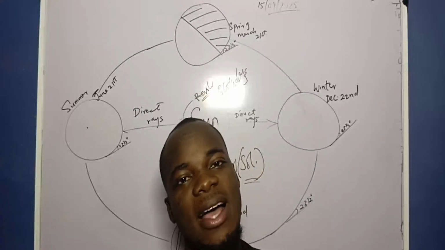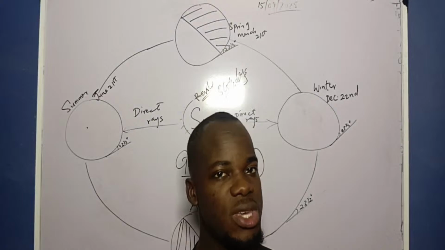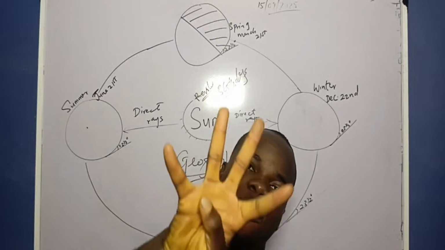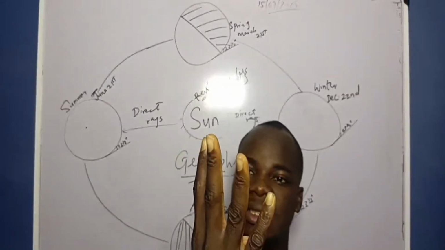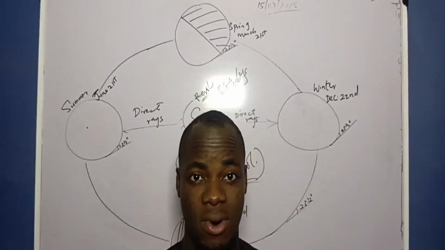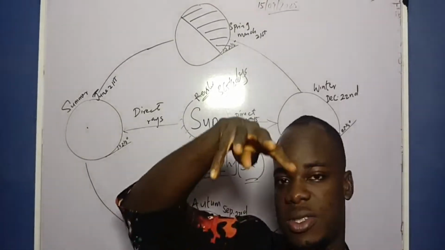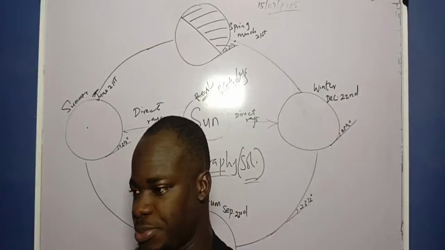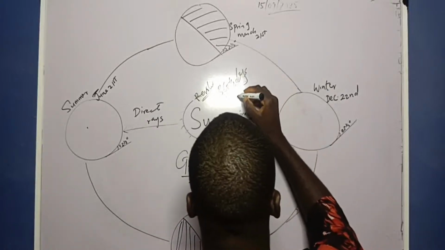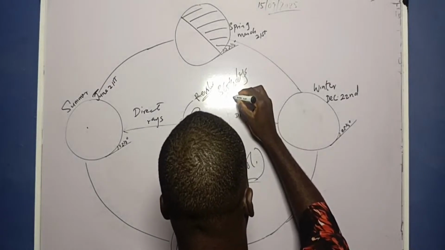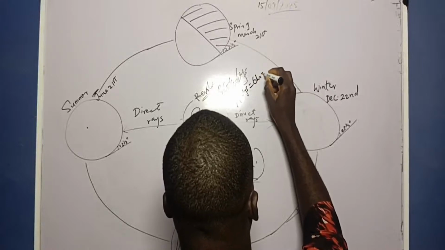So the 6 hours is added every single year up to 4 years. So when you have these 4 years, 6 times 4 will give us 24 hours. So that 24 hours, which is your one quarter days, one quarter day is 6 hours.